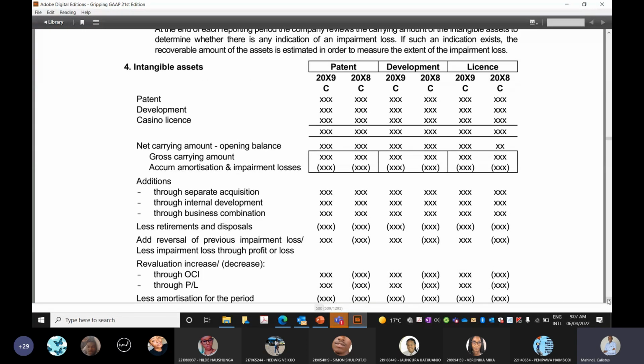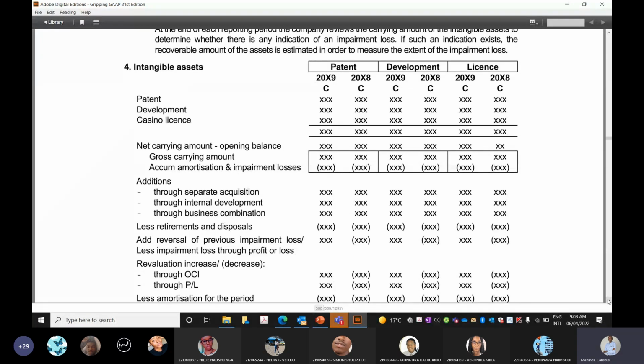For intangible assets, it's exactly the same. You show your patents. So let us say you have patents that you bought and you had patents that were internally generated or internally developed. You will show those two separately. You'll show the patents that you acquired separately from the patents that were internally generated.